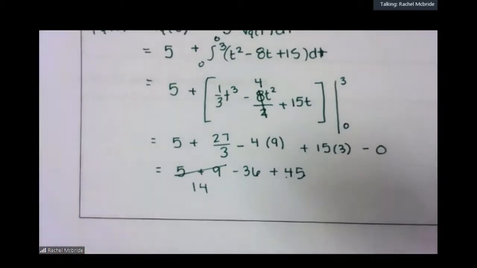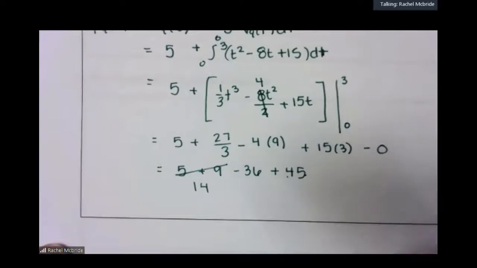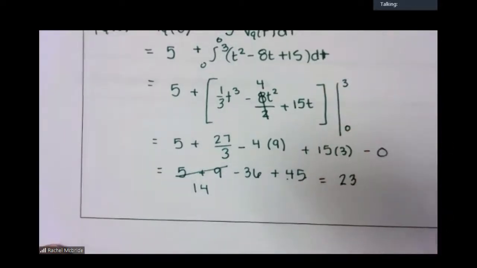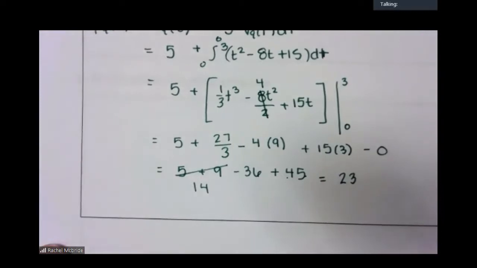And then 59 minus 36. And again, they actually accept this as a numerical answer. But 59 minus 36 is 23. So the position of particle Q at time 3 is 23.